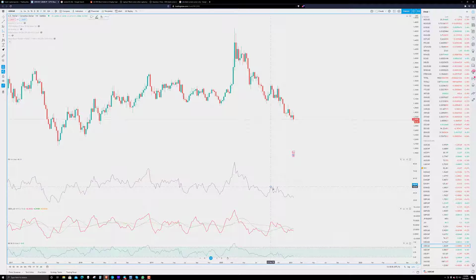So if I look over here, or however you want to draw this, there is a descending triangle. A descending triangle is an inherently bearish pattern. When it breaks, it continues to just drive further south.